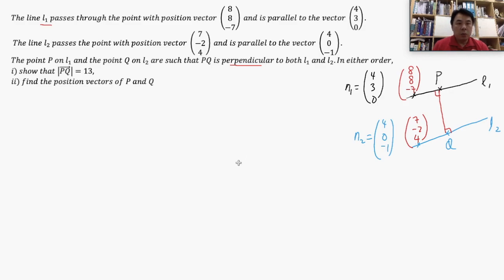Now, if I were to answer this question in the order of number 1, number 2, it's easier to solve it this way. Let me see how I am going to solve number 1 directly. The first step would be to obtain the perpendicular direction vector between L1 and L2.